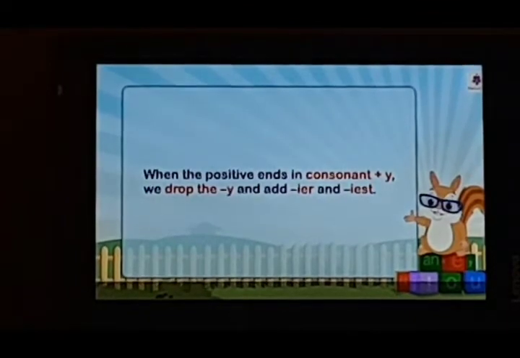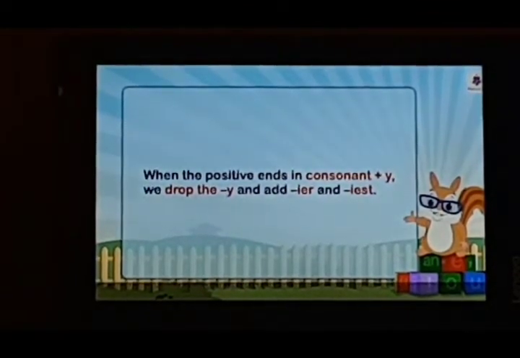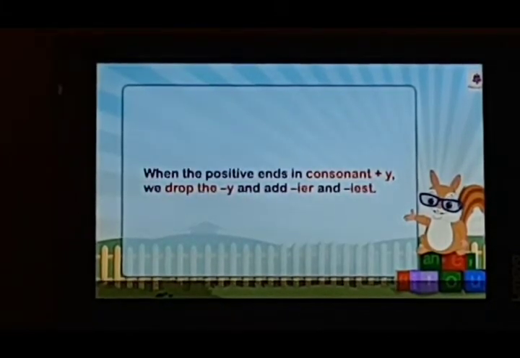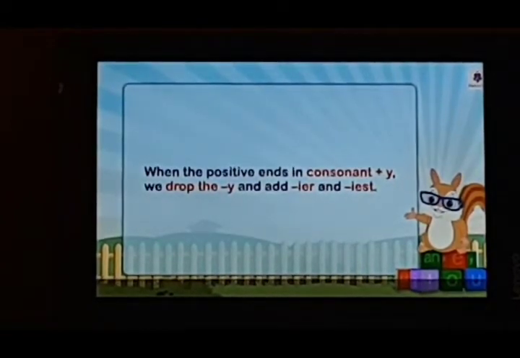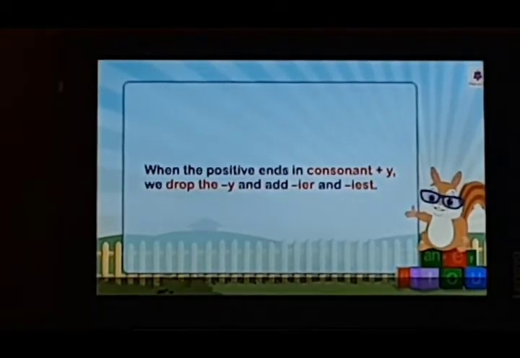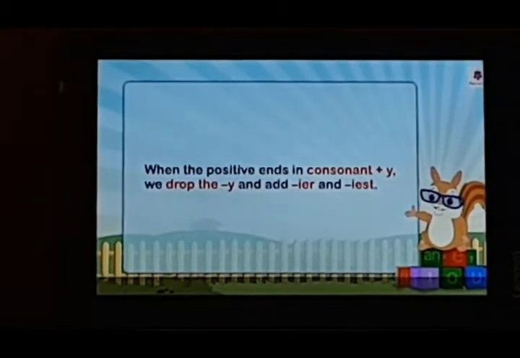Now next. See, this is important. Everything is important, but this is slightly confusing. When the positive degree of the adjective ends with a consonant plus Y, we drop the Y and add IER and IEST.